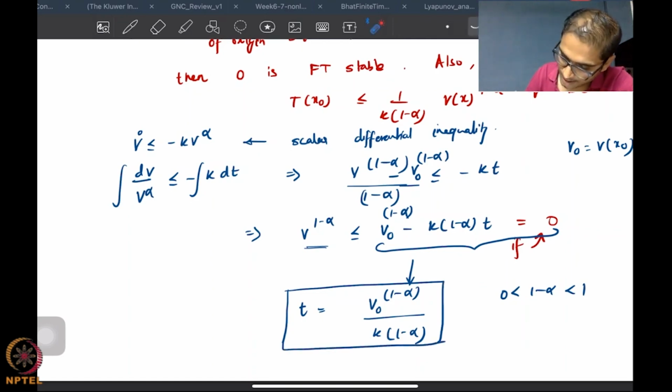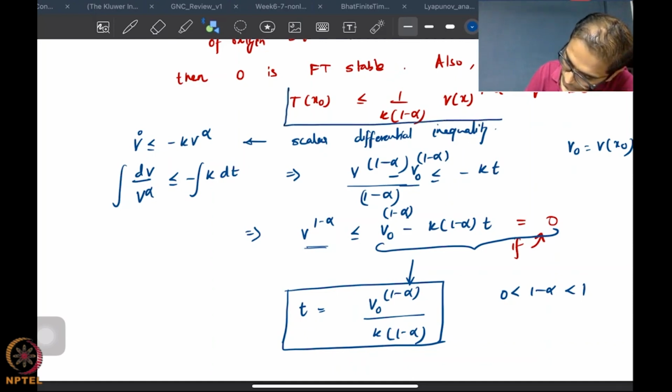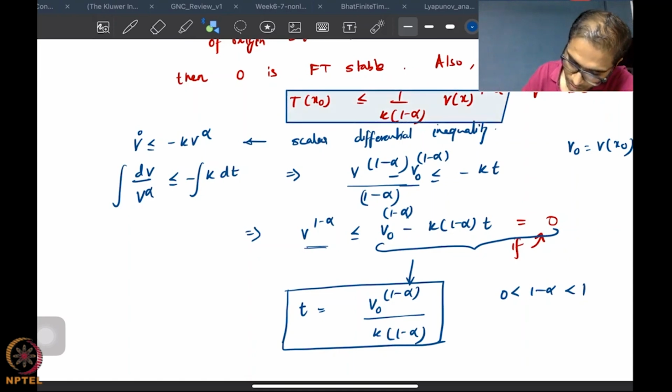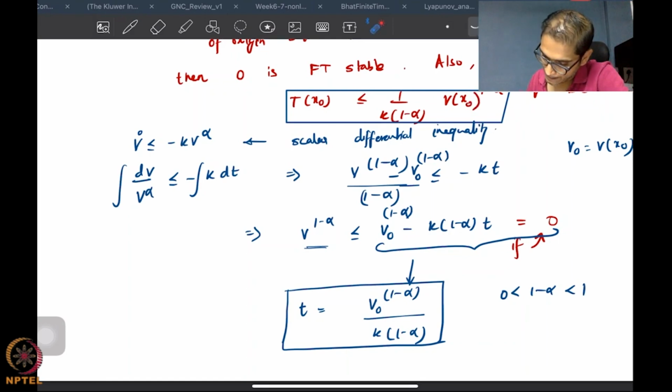And that is exactly this bound. In fact, this should be not x but x0. This is a function of x0, right? So that's exactly what we get from here.